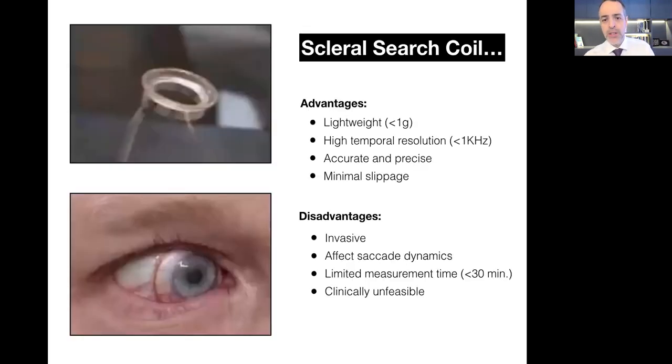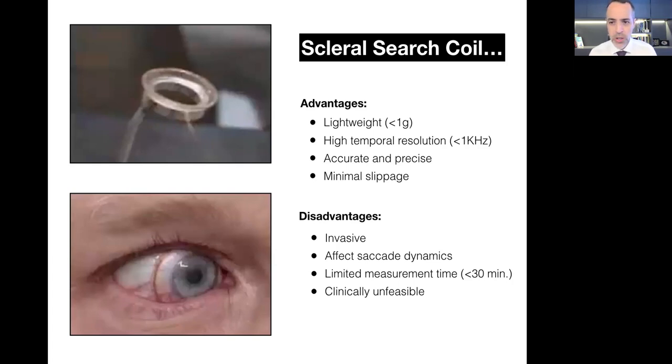The coil method has a few advantages: lightweight, high temporal resolution, accurate and precise, minimal slippage. But it has many disadvantages: it's an invasive test, it affects saccade dynamics, the measurement time is limited because patients cannot keep the coil in their eyes for long, and this test is clinically unfeasible.